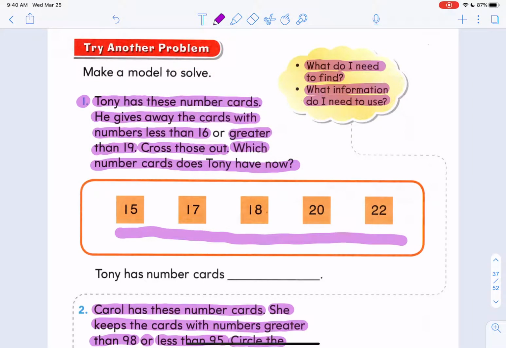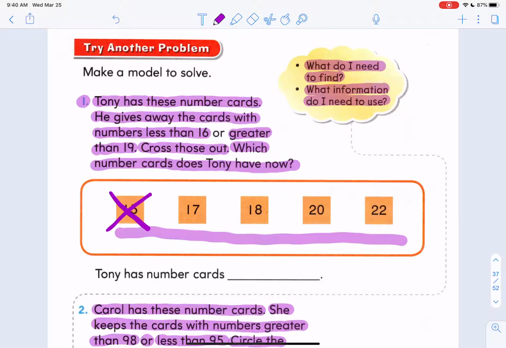So it says Tony has these number cards and he gives away the cards with numbers that are less than 16. And I'm going to stop right there. I'm just going to look for the cards that are less than 16. And I'm going to cross them out. And that's 15. He also gives away the cards that are greater than 19. So I need numbers larger than 19.